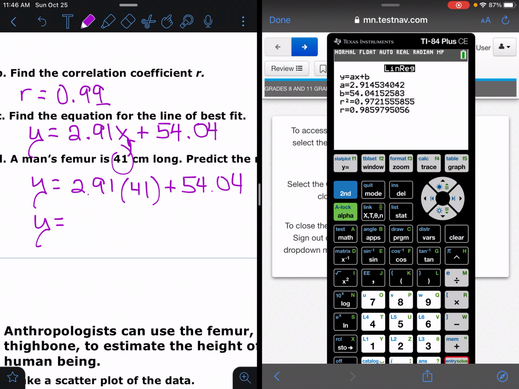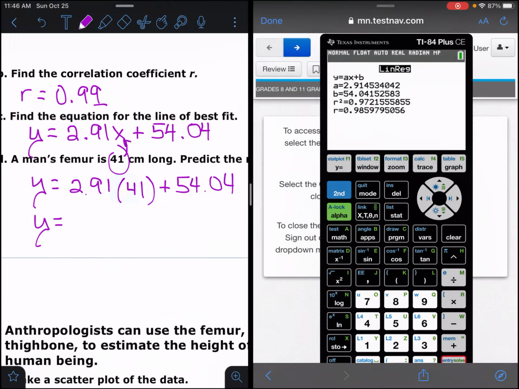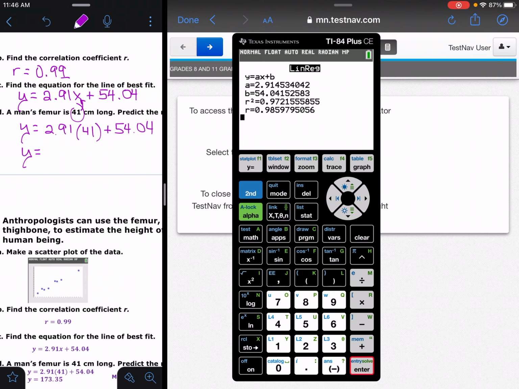I'm actually going to do that right here. 2.91 times 41 plus 54.04. That gives me 173.35.